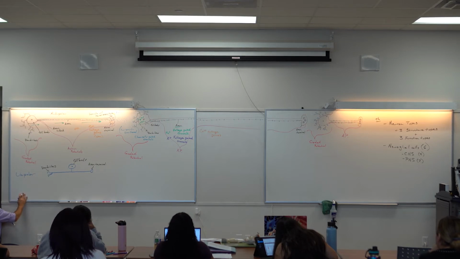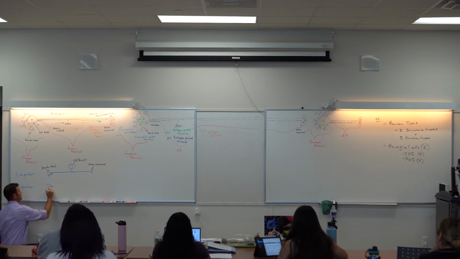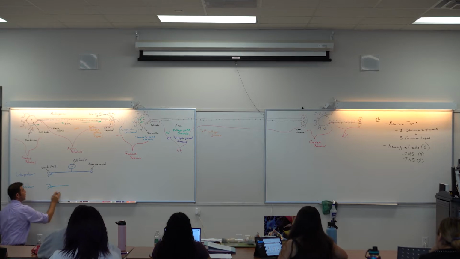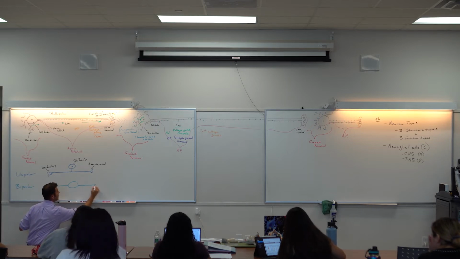So unipolar neurons have a cell body off to one side. There's another type of neuron that looks like this. It's called a bipolar neuron. A bipolar neuron has these dendrites that run directly into a cell body. A cell body is right in the middle. And on the other side of the cell body, there's going to be an axon.